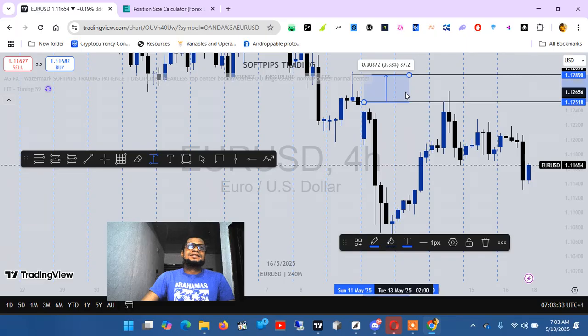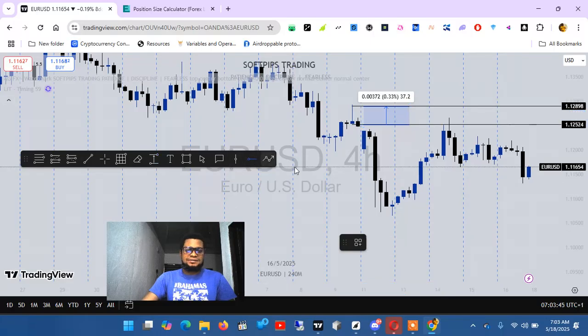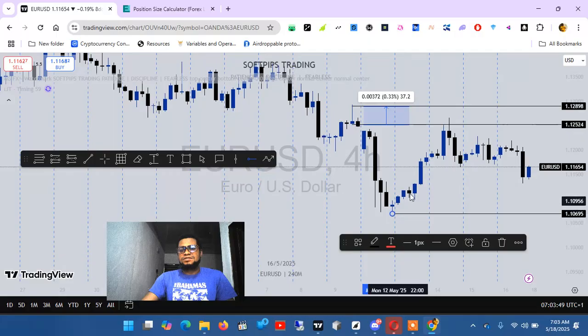I want to gain at least 3 times of this 37 pips. So I'm checking in this trade, where is the next liquidity to be taken out? Which we have this. This is the next draw on liquidity that we are having. I'm not doing technical analysis, I'm just showing you via chart.